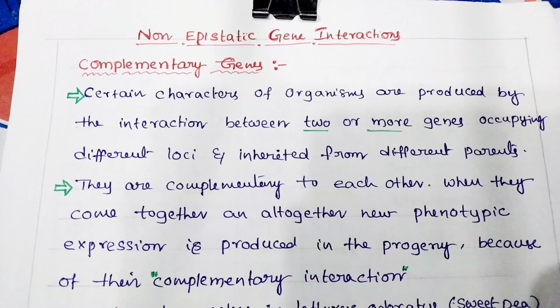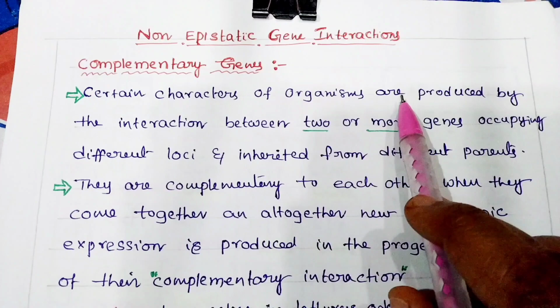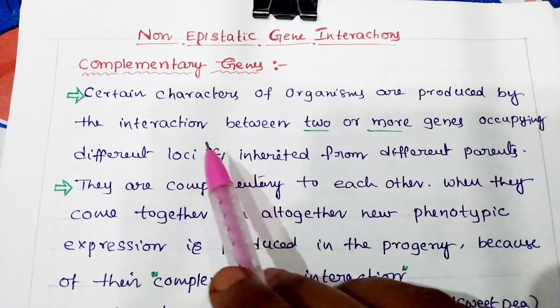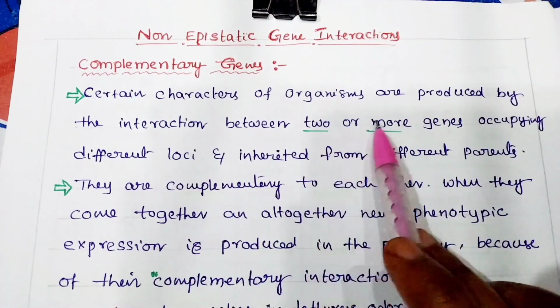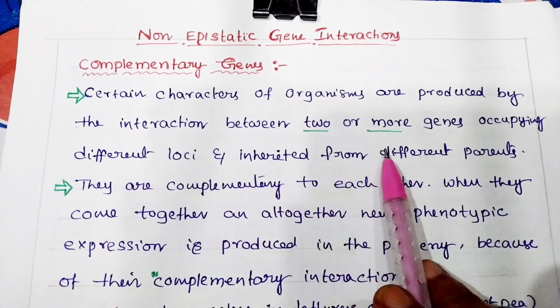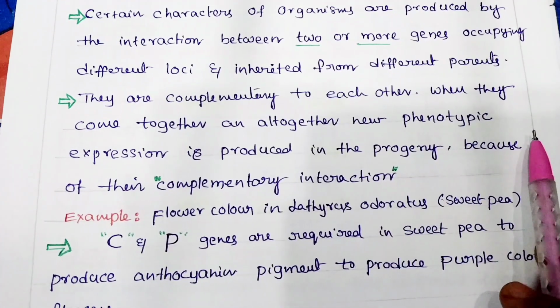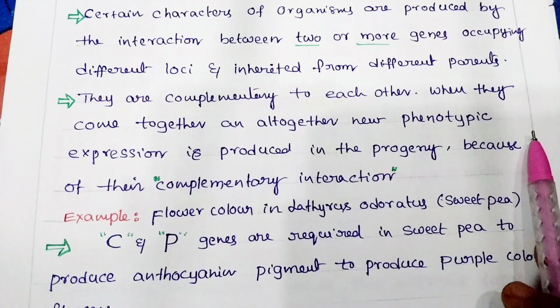Let's see the non-epistatic gene interactions. Coming to the non-epistatic gene interactions, the first one is complementary genes. Complementary genes are those where certain characters of organisms are controlled by the interaction between two or more genes occupying different loci, and they are inherited from different parents. Remember, they are complementary to each other.